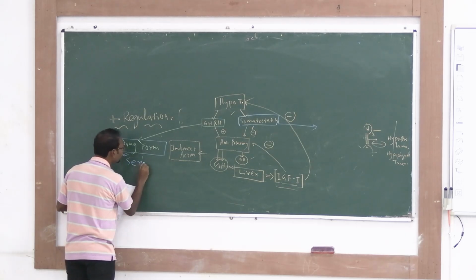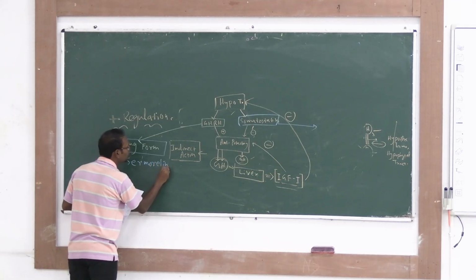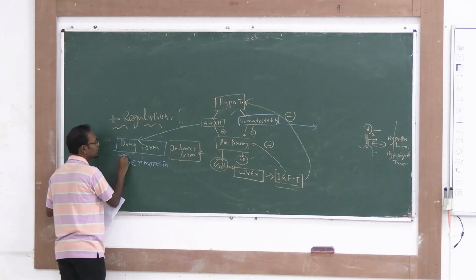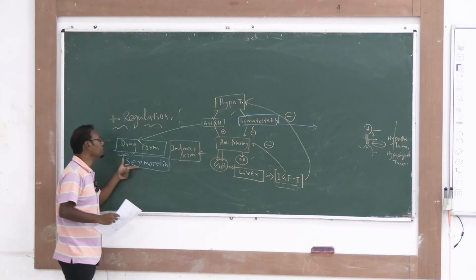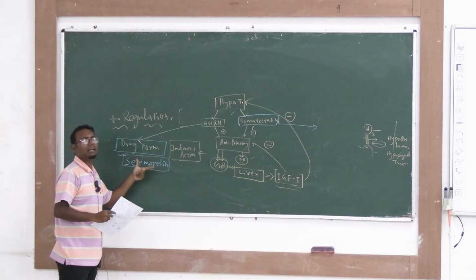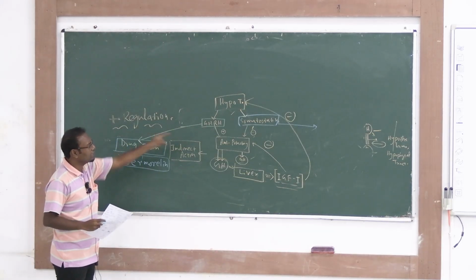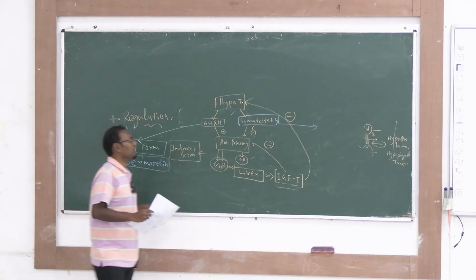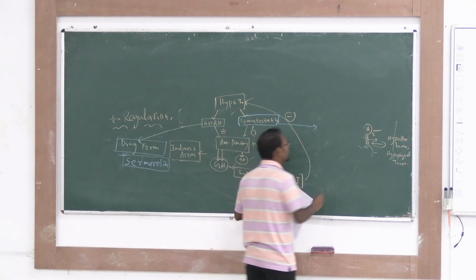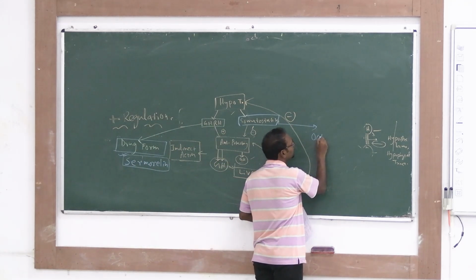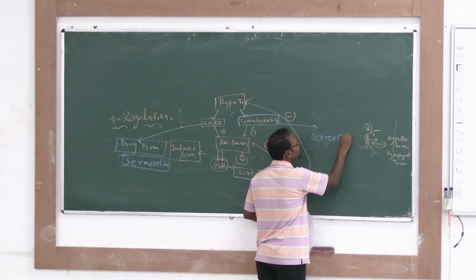Okay, so this drug form is called Sermorelin. Write it. Sermorelin. Okay, this is a drug form of your growth hormone releasing hormone, that is drug form of GHRH, and the drug form of somatostatin will be called octreotide. Octreotide.